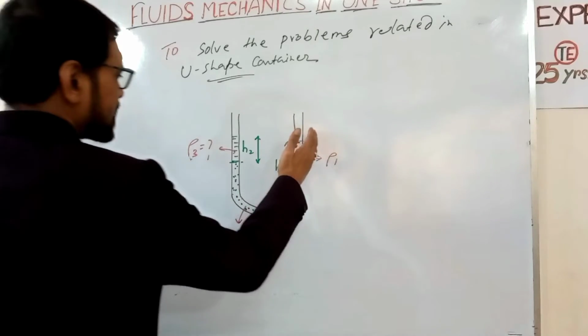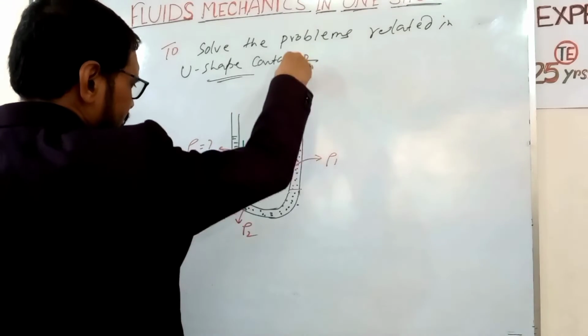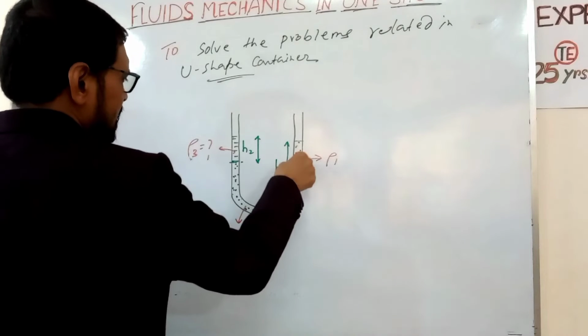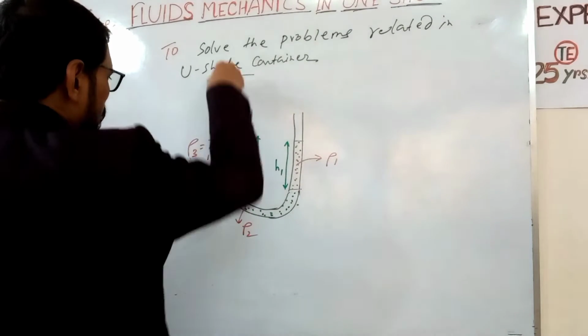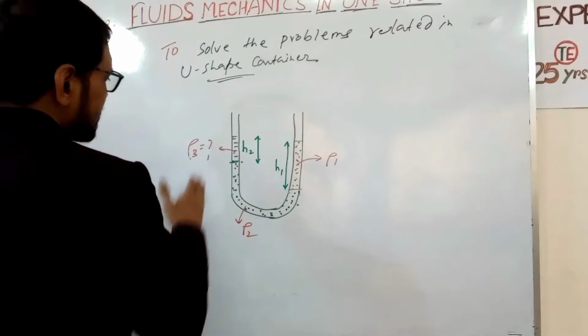Then from one side a liquid of density rho1 is poured into this arm, and another liquid of density rho3 is poured into this side.